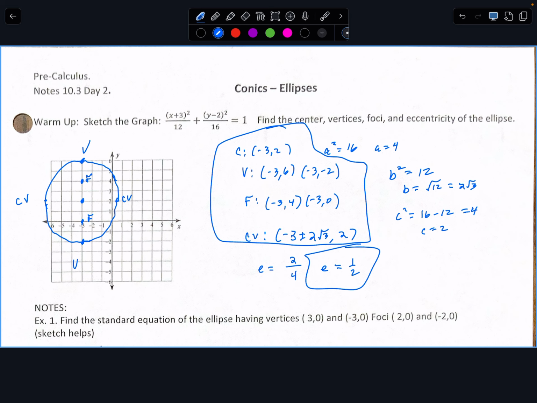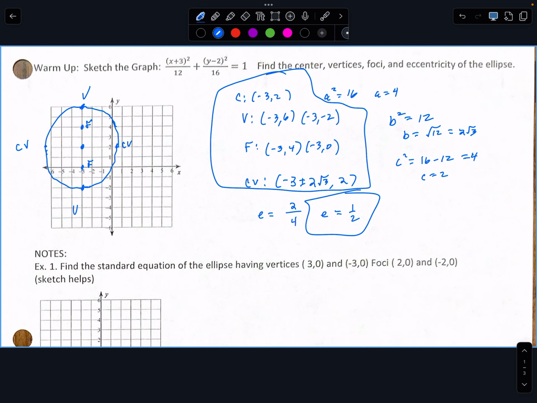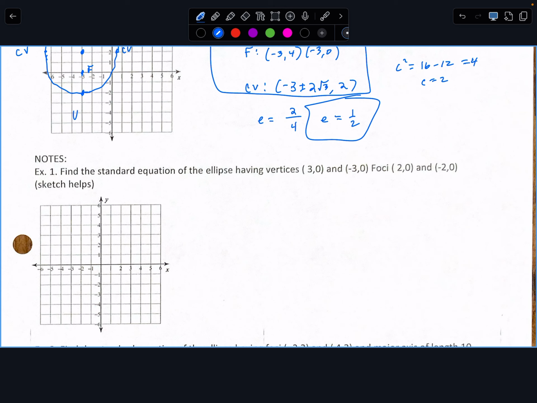And now you are going to be given some different pieces rather than just the equation. And from the pieces that you get, you need to know how to find a, b, and c and figure out, is it longer horizontally or vertically. And so find the standard equation of the ellipse having vertices at 3, 0 and negative 3, 0.